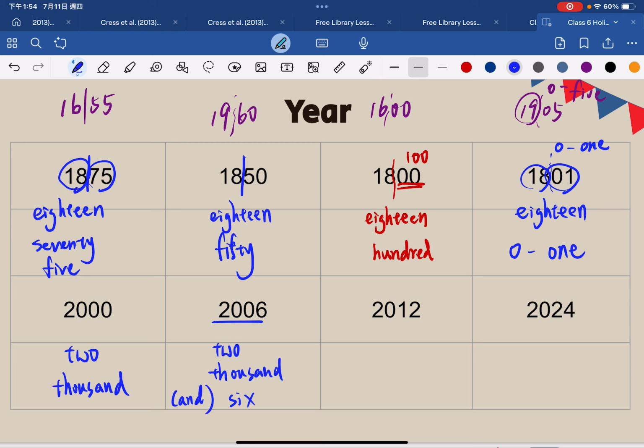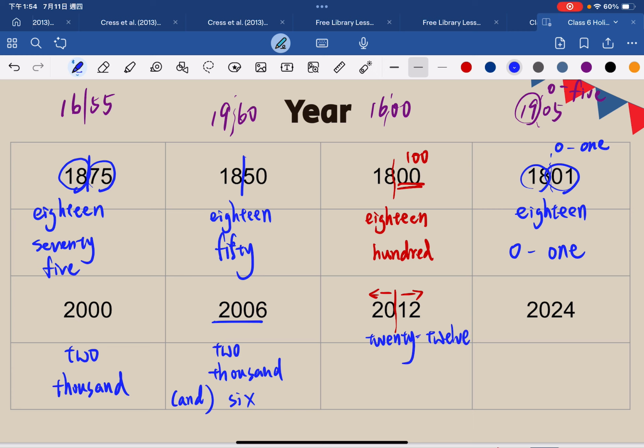Then 2012. Here we have two different ways to say it. The first way is still to put it into half and separate it and read 20 and 12. So you might hear twenty twelve.